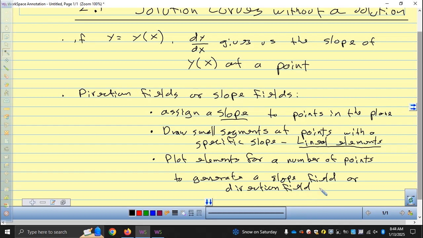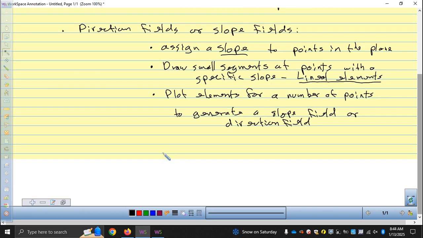So the slope field or direction field tells us what the slope is for our solution curve at a specific point. So the field suggests the shape of solution curves.